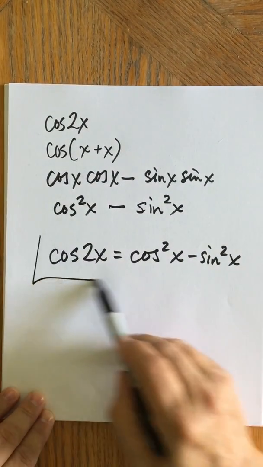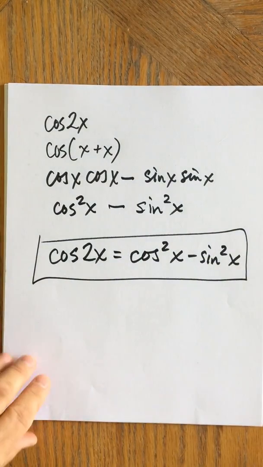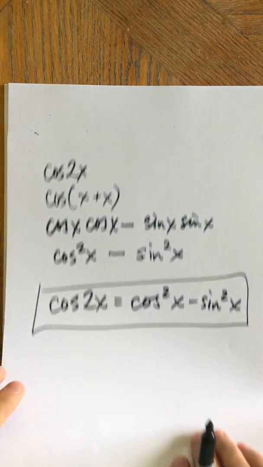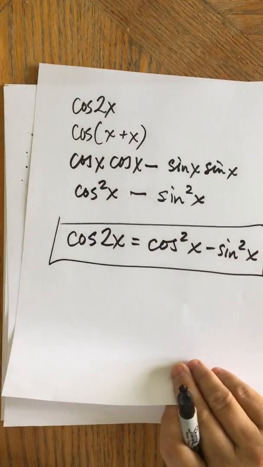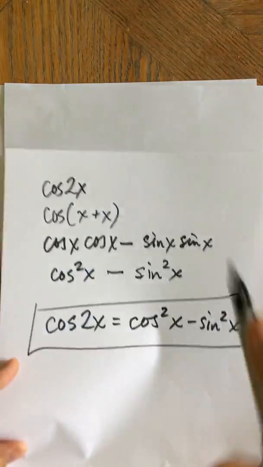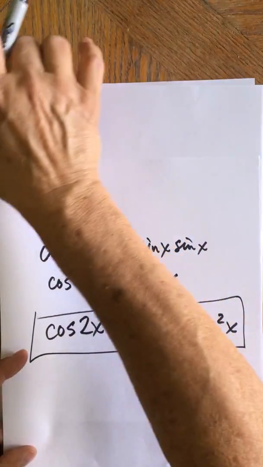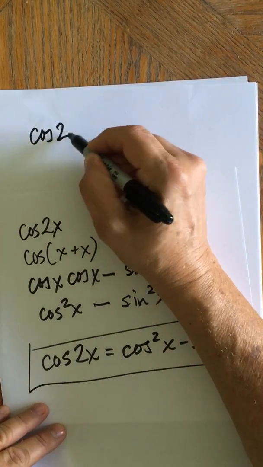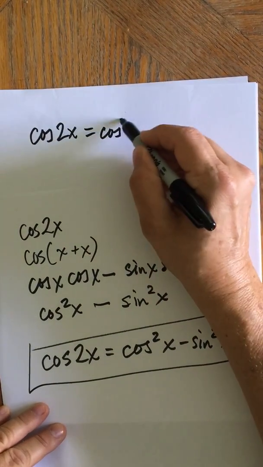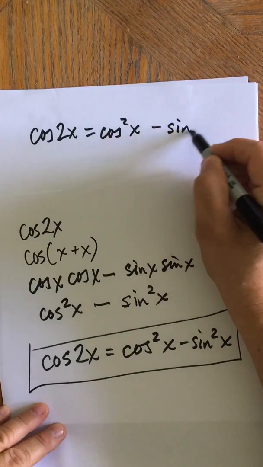So there's another one. To get the other two forms of the double angle of cosine, we basically keep working with this. We have cosine 2x equals cosine squared x minus sine squared x.